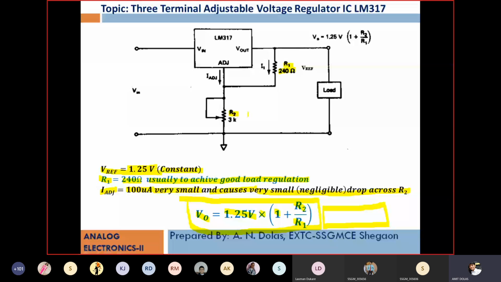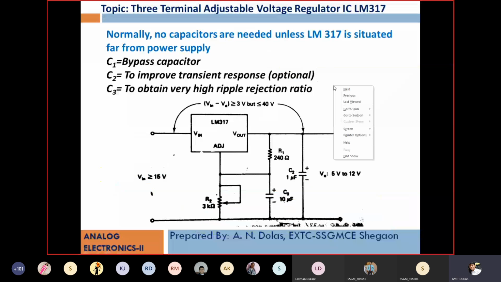So the manufacturer says that if this IC is situated or assembled near to the unregulated power supply, then there is no need of capacitor in this circuit. But if you are locating this IC or voltage regulator far away from the power supply, then we need capacitors here. Normally, no capacitors are needed unless the 317 is situated far from the power supply.